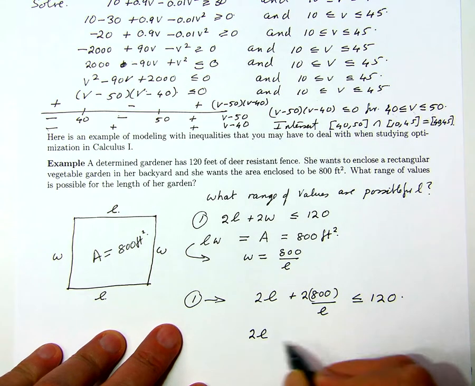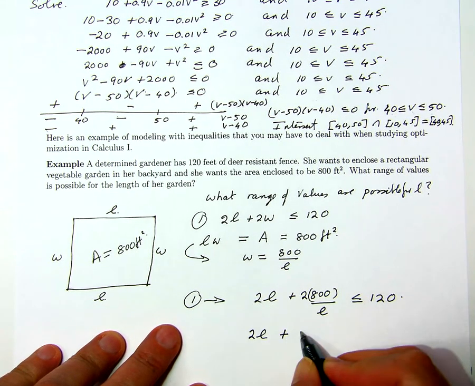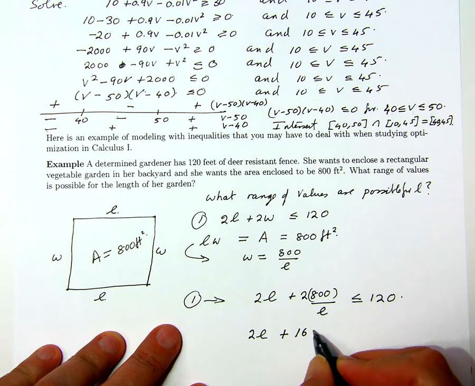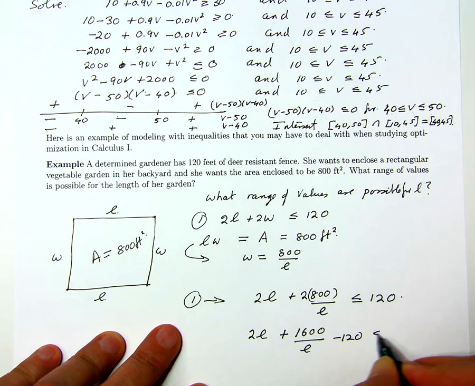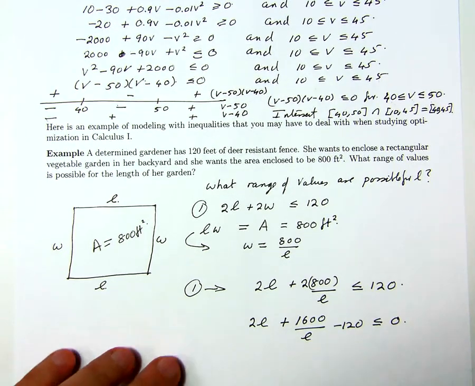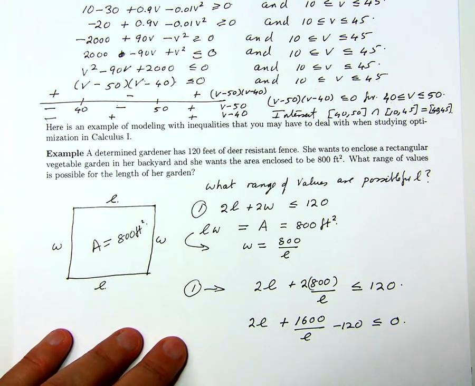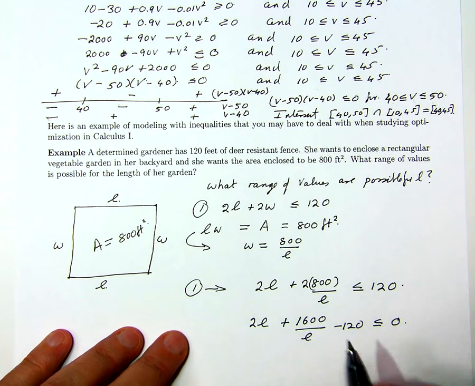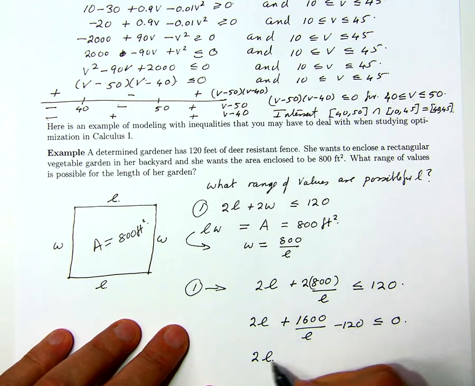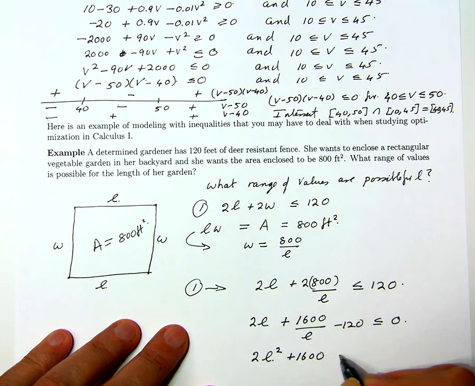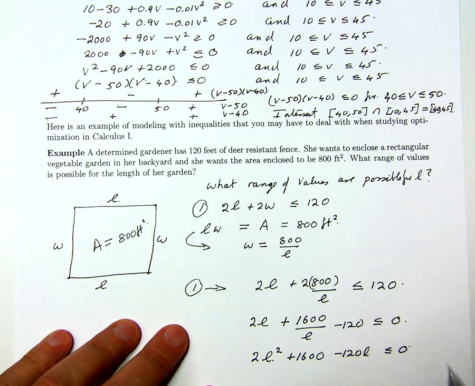So this tells us that 2L plus 2 times 800 over L minus 120 must be less than or equal to 0. And now I'm going to multiply across by L, and I'll get 2L squared plus 1600 minus 120L is less than or equal to 0.